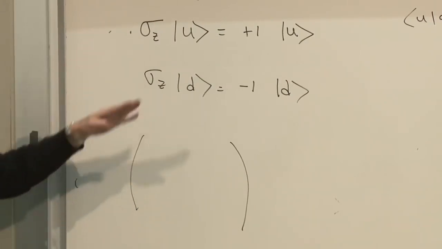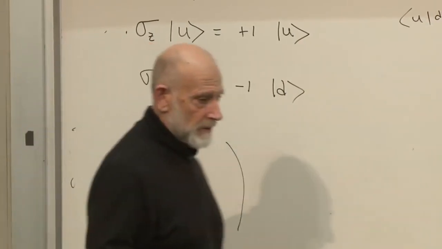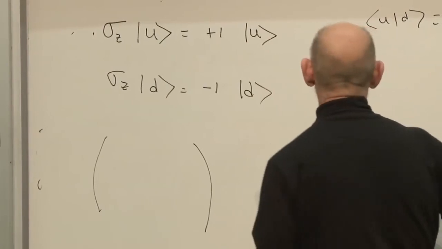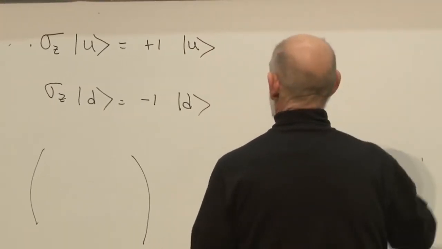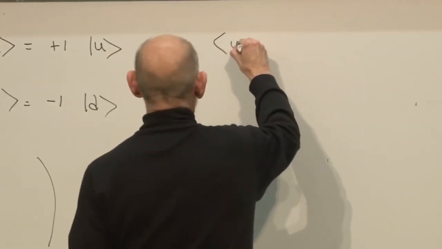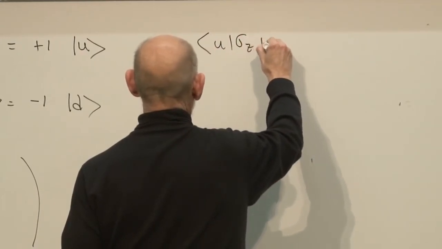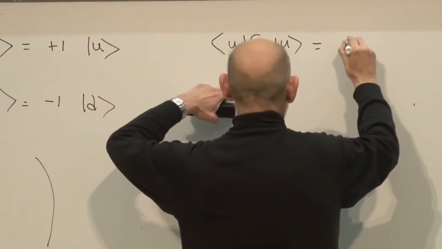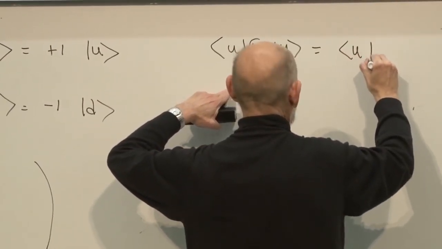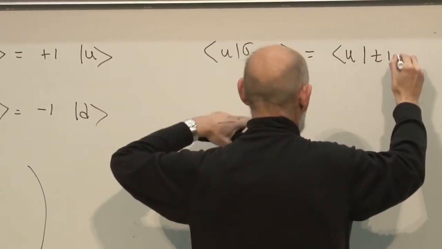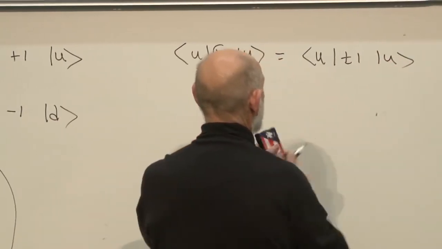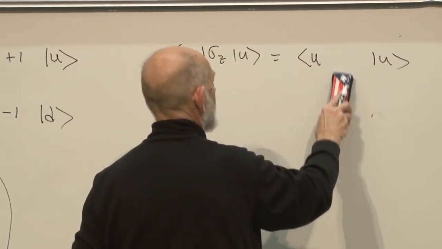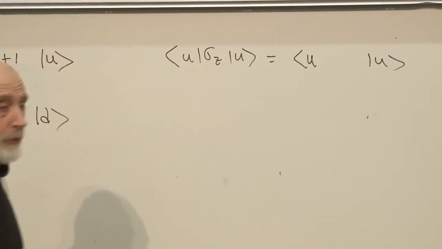Let's do it over here. Let's calculate up, sigma z up. Sigma z acts to the right to give us up, +1, well, +1 is just 1, times up. Just the inner product of up with itself.